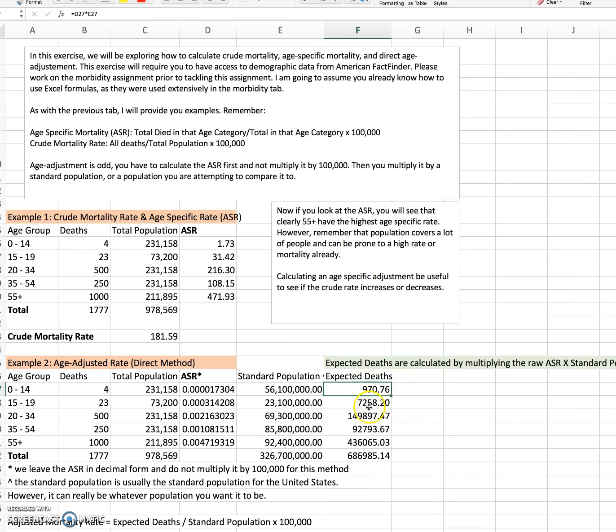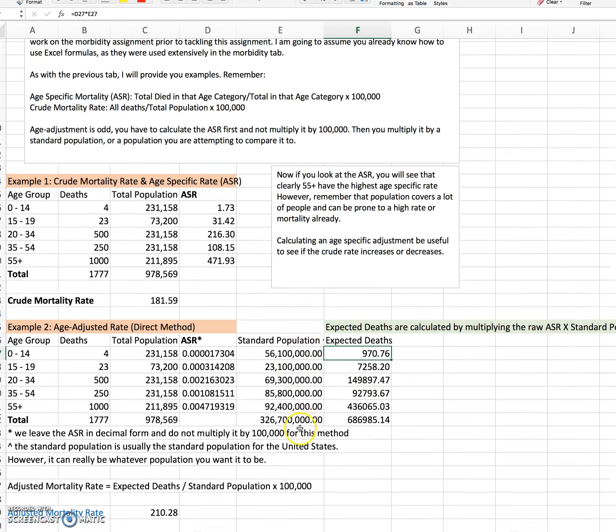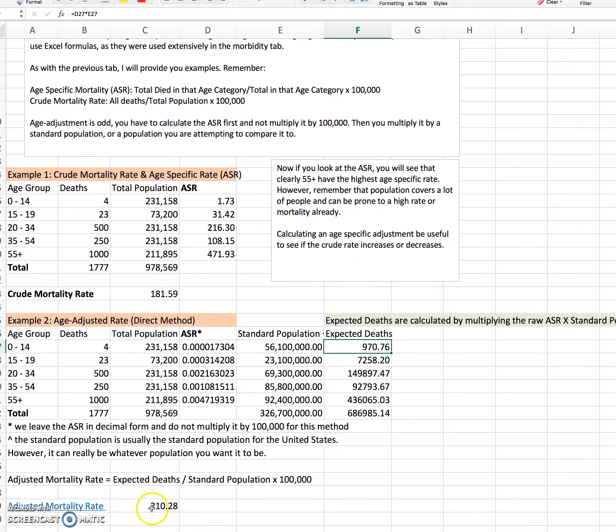Then you add up all the expected deaths and all the standard population, and you get your adjusted mortality, which is total number of expected deaths divided by standard population times 100,000.